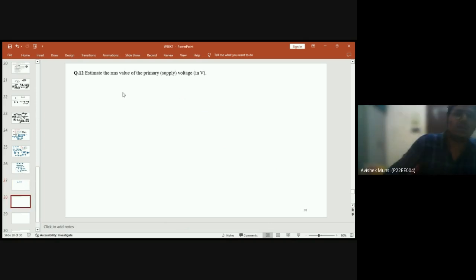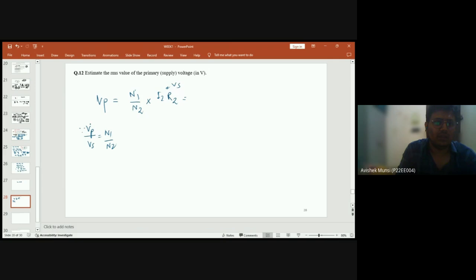Now we have to calculate the RMS value of the primary voltage. To calculate the RMS value of the primary voltage, we have to know that N1 by N2 into I2 R2. Why I2 R2? Because it is our secondary side Vs, right? Vp by Vs is N1 by N2.